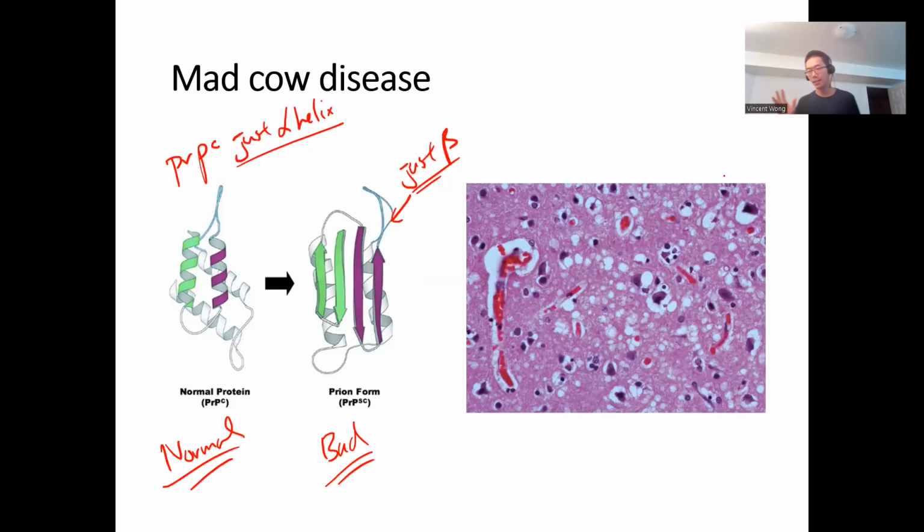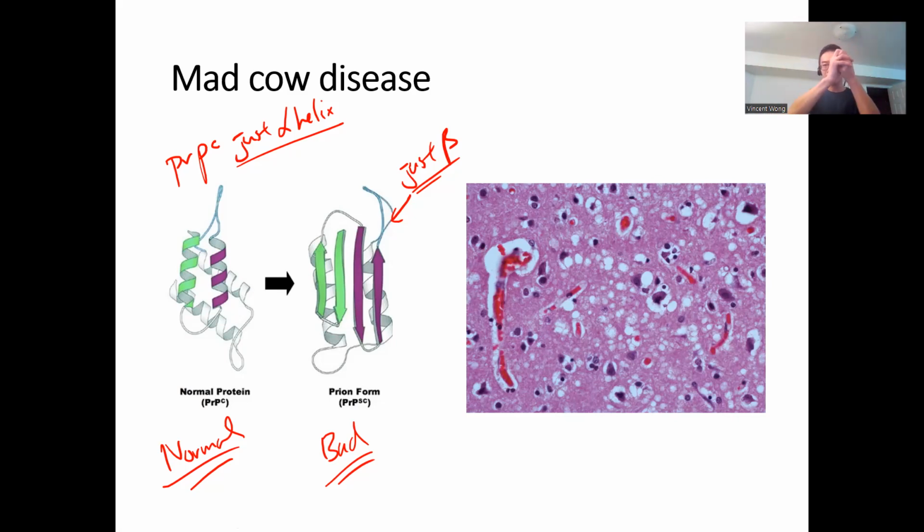What happens is this, right? If you eat a little bit of contaminated protein, that causes the mad cow disease, the misfolded protein will go bind to the normal protein in your body, and it will cause that one to change and misfold as well. Okay, so let's say this is the normal one, this is the bad one.